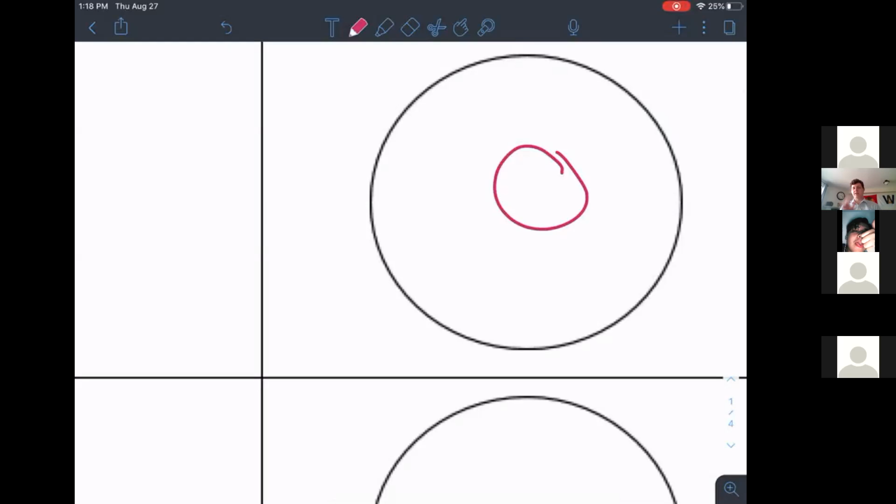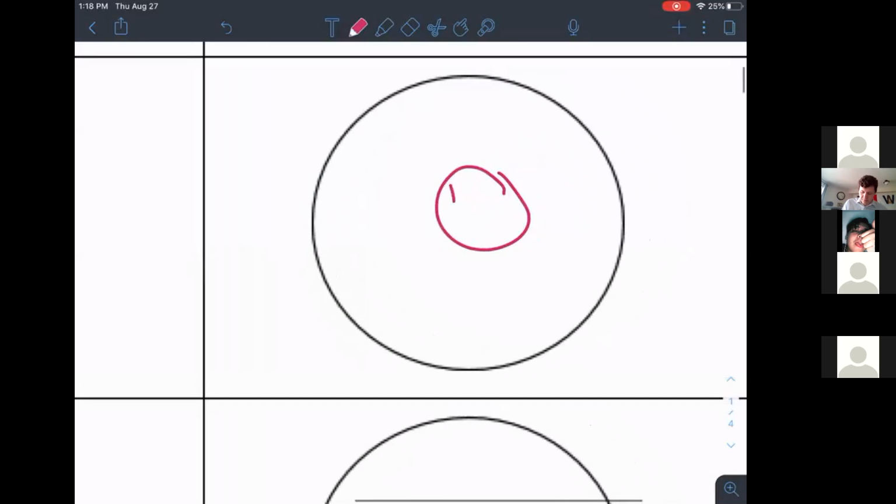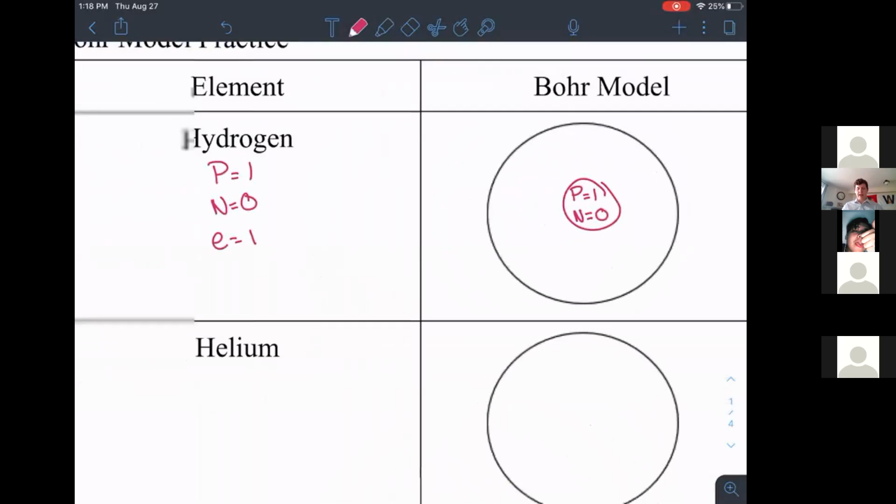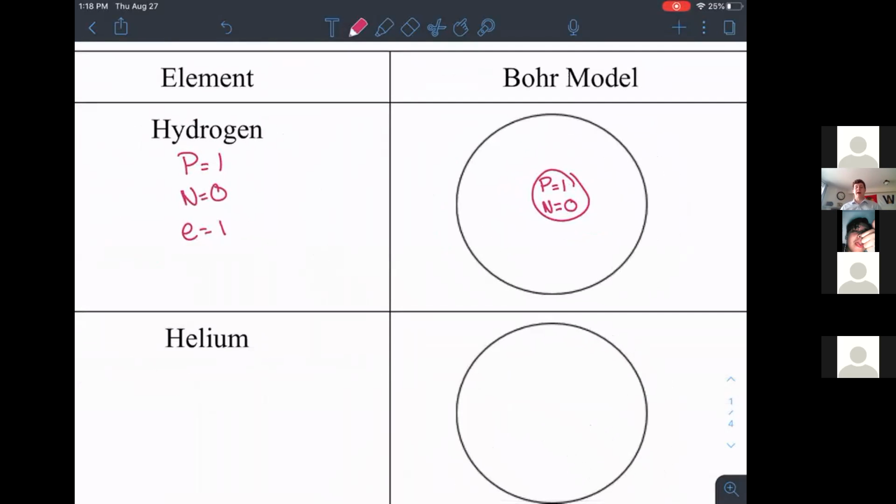I'm just going to draw a circle. And instead of drawing little dots for the protons and labeling them and little dots for the electrons and labeling them, what I'm going to do instead is I'm just going to put a P for proton, and I'm going to write how many I have. So in my nucleus, I have 1 proton. Then I'm going to write a little N for neutron, and I'm going to put that I had 0 neutrons for the atom hydrogen. Now, my electrons.